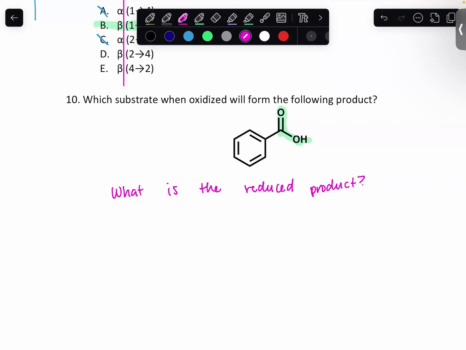There's 3 answers, 2 are more right than the other one. An alcohol is definitely one of the options. The aldehyde is another of the good options.